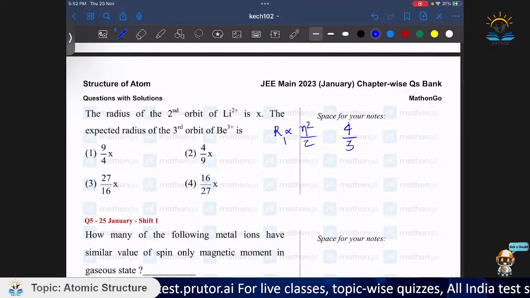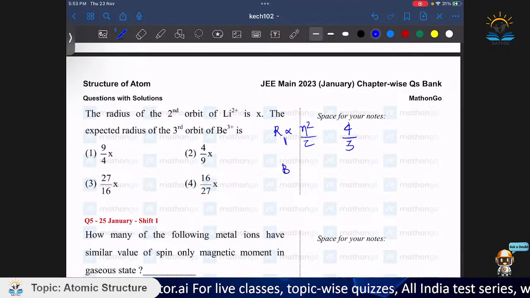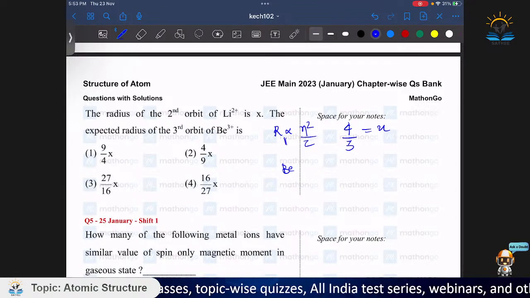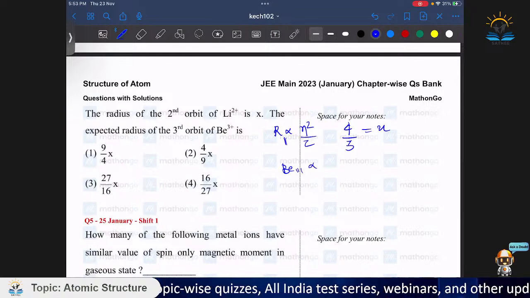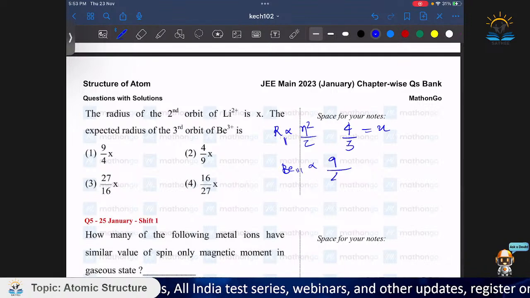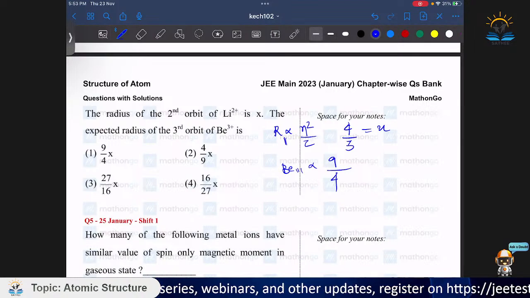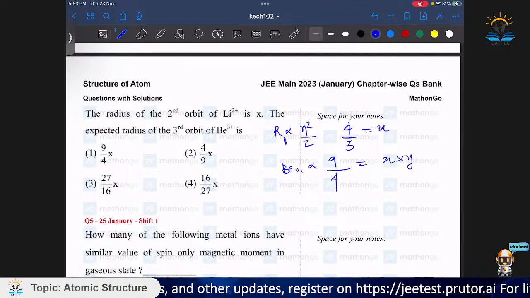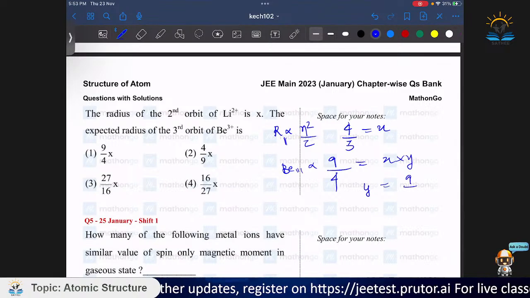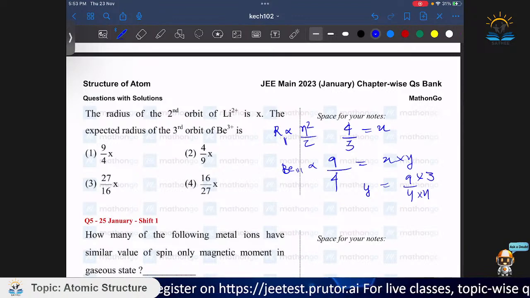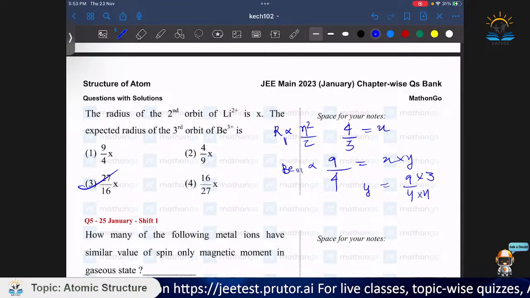And for third orbit of beryllium, this is equal to x. It should be n square 9 by beryllium is 4. So 9 by 4 is equal to x into y. So y is equal to 9 by 4 into 4 into 3. So it is almost 27 by 16x.